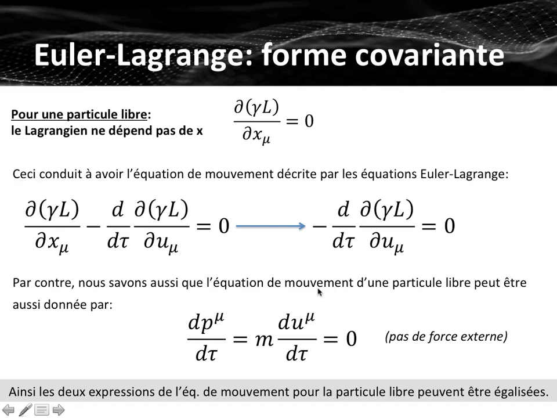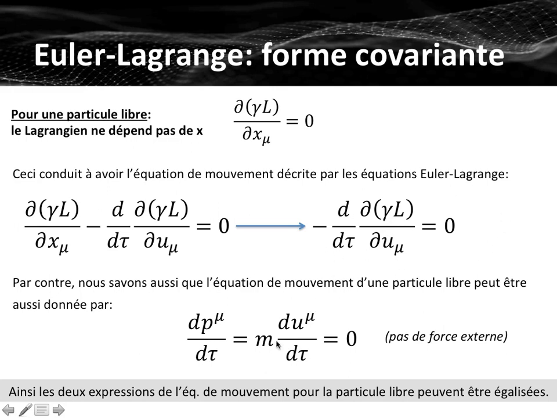This is the equation of motion, so the Euler-Lagrange equation, of what? Of a free particle. But at the same time, as I said in the very beginning of this video, the equation of motion could also be obtained from the fundamental law of dynamics, where f mu equals dp mu over d tau. But since it's a free particle, there's no external force, so dp mu over d tau equals 0. This is also an equation of motion of the same particle that is described by this equation of motion.